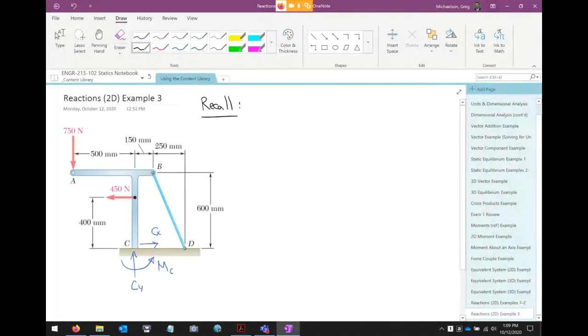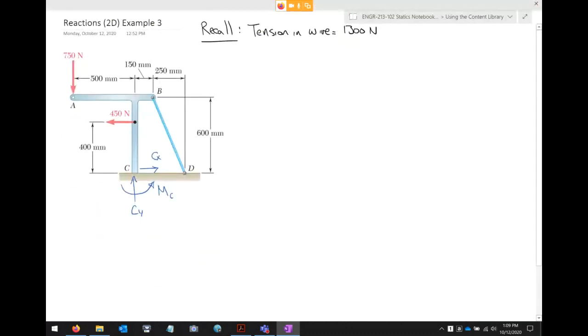So maybe what I'll say is, recall the tension in the wire is 1,300 newtons. And I think that's enough to go ahead and get this figured out.